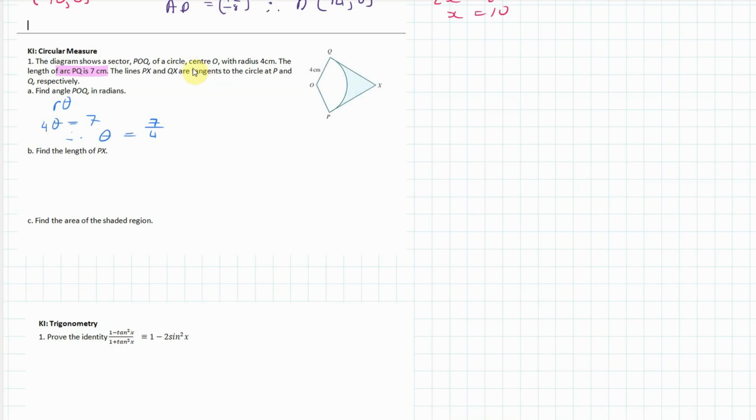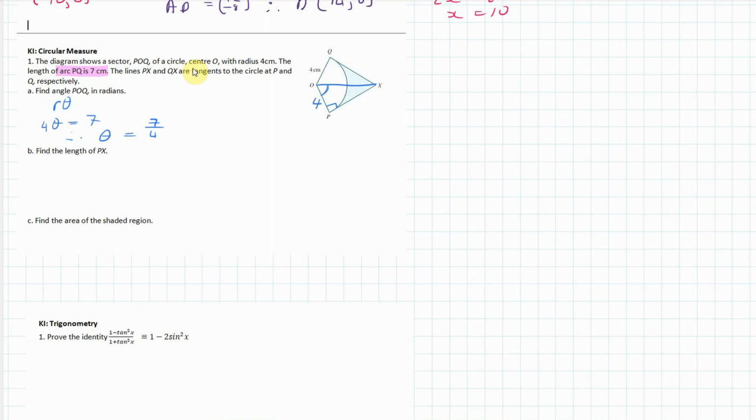Now finding the length of PX. Well, what we can now do is divide this into two triangles. We know that this is a right angle because it's a tangent. We know that this is 4. And we also know this angle here, instead of being 7/4, which would be the whole arc angle, we can say it's 7/8 because it's half of 7/4.